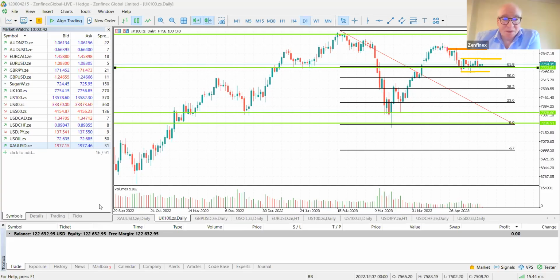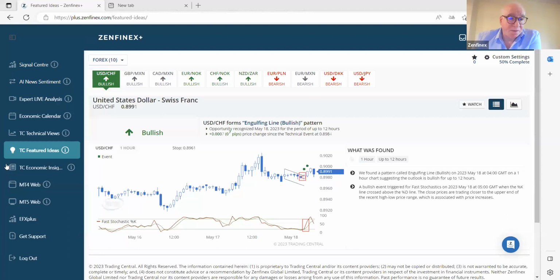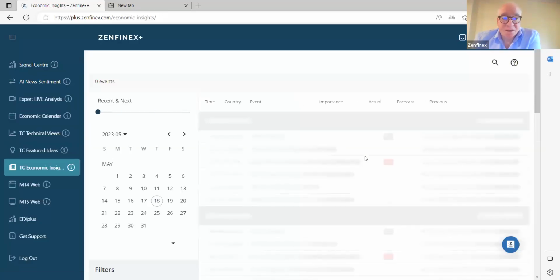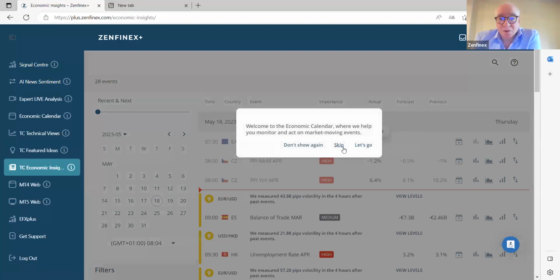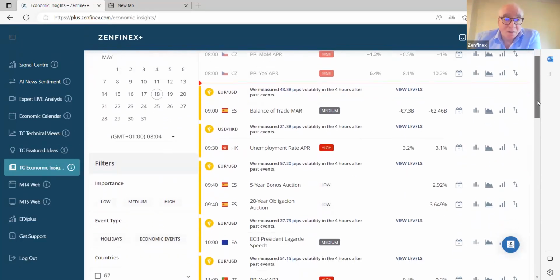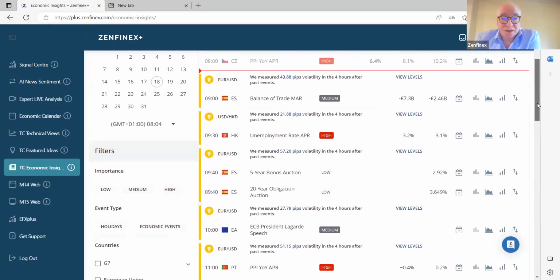And actually, I will not do that. I will go on to look at what news items are going to be affecting trading today. So let's just move this out of the way. This is the Plus Zenfinex tools I just mentioned. And I use this calendar extensively because it's quite good in terms of displaying the things that might be affecting the markets today.